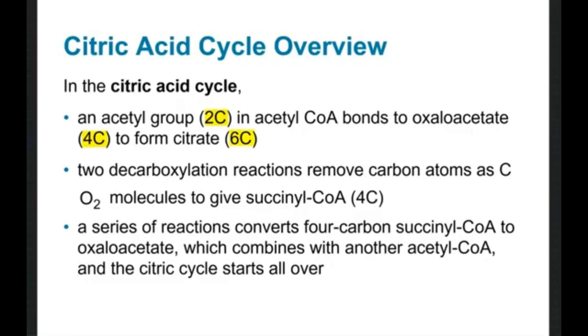And then 2 reactions remove carbons one by one in the form of CO2, resulting in succinyl-CoA, which has 4 carbons again. And then 4-carbon succinyl-CoA, after a series of steps, is converted to 4-carbon oxaloacetate, which starts the cycle once again.